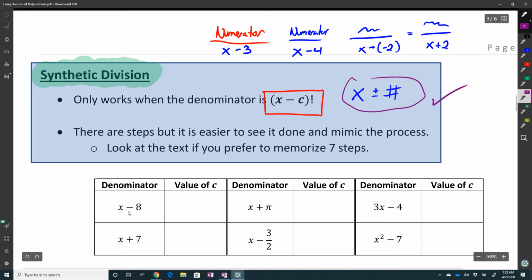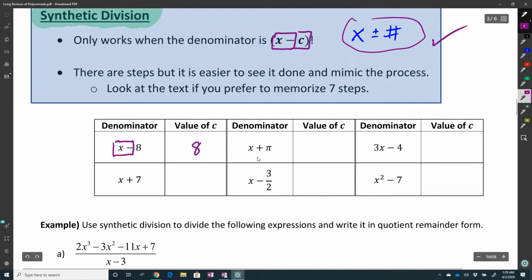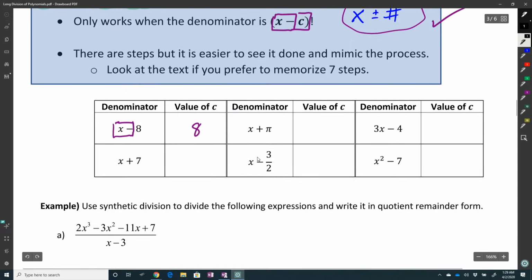If your denominator was x minus 8, remember the x minus is part of the formula here. The x minus is part of the formula, and then c is the number next to the minus sign. So that means that c is 8. Here we have the plus.